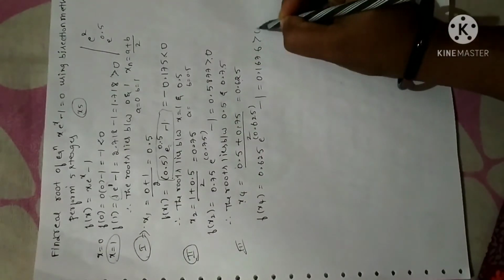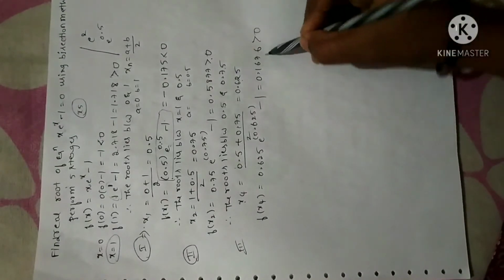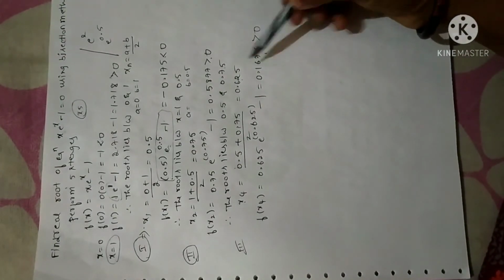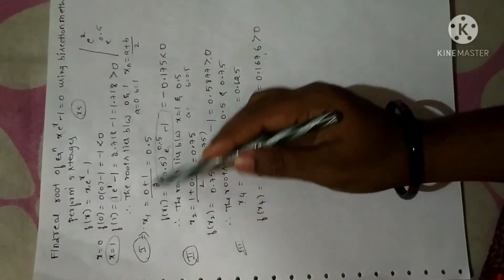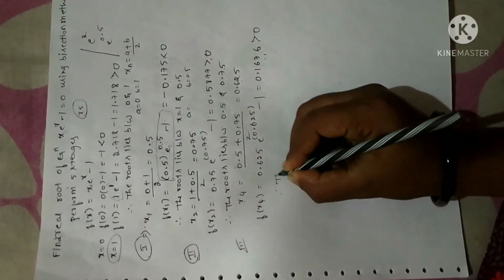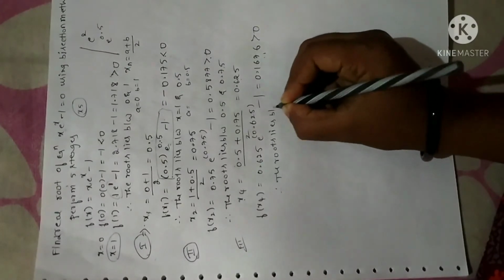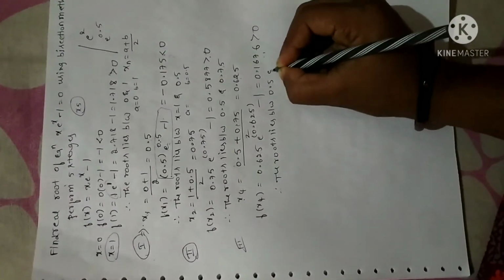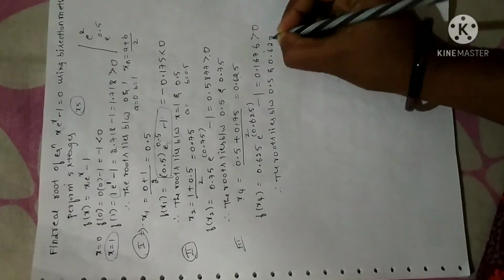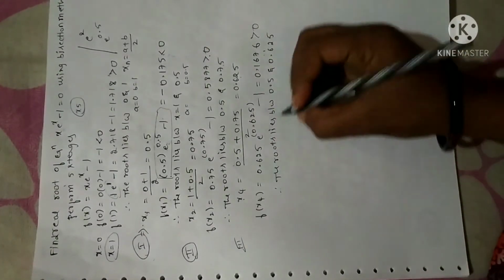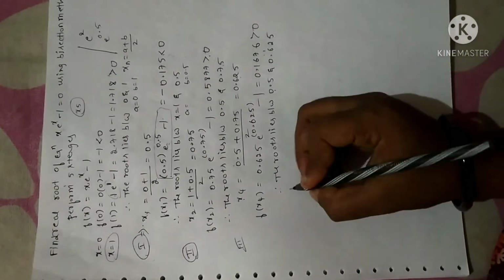Anyhow it is positive. Right? Now we have to look for the previous value where we have negative, and it is for x1, 0.5. Therefore the root lies between 0.5 and 0.625. Clear? The root lies between 0.5 and 0.625.